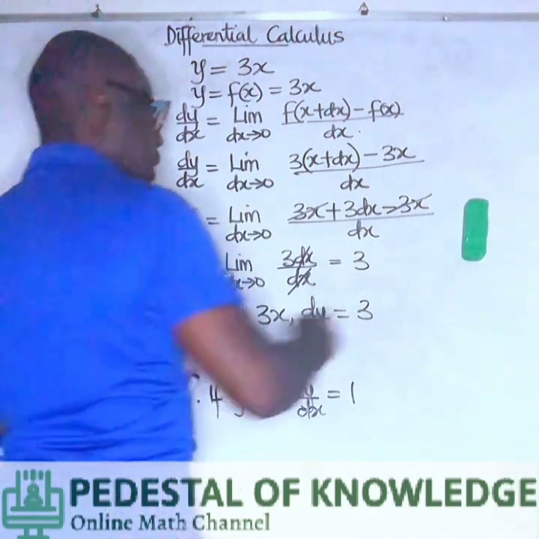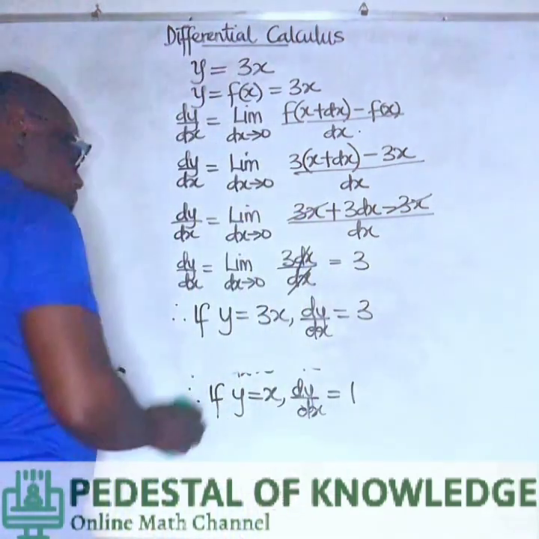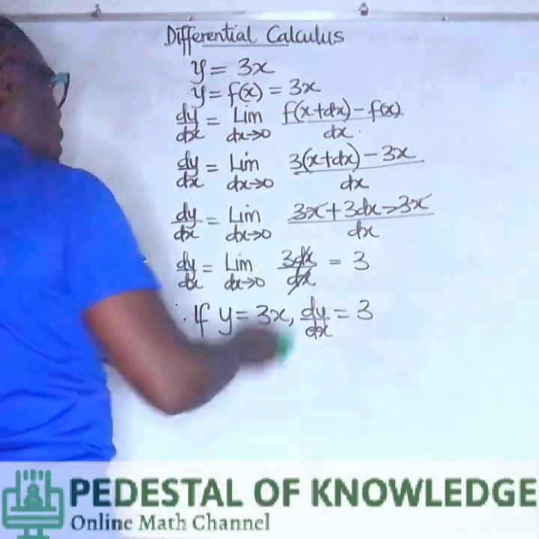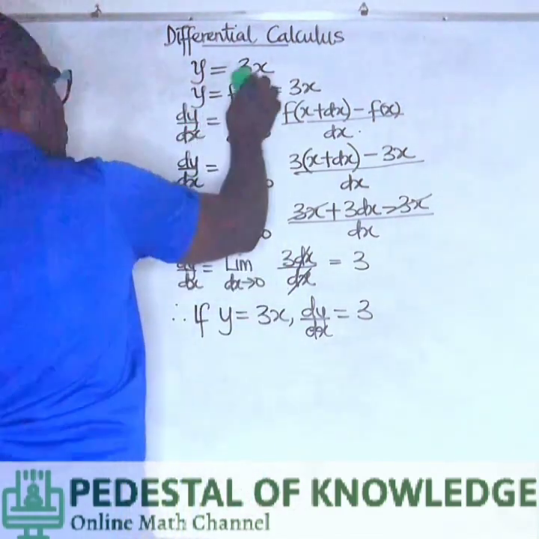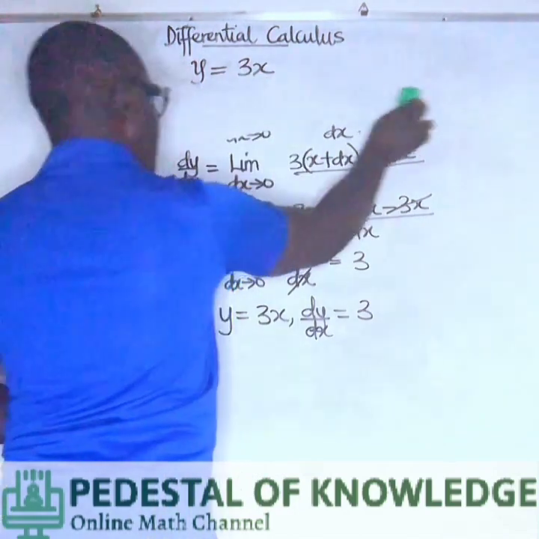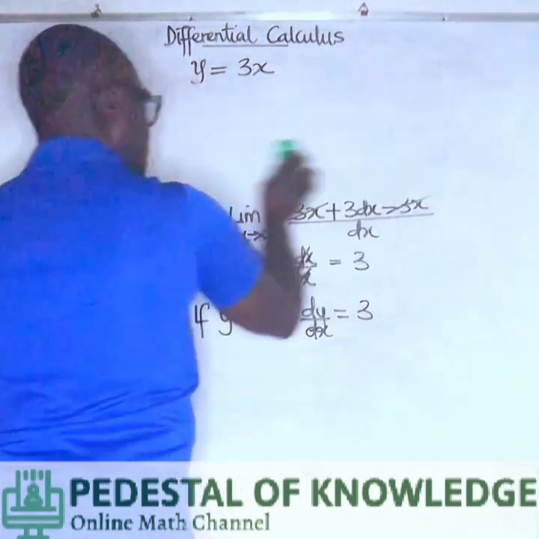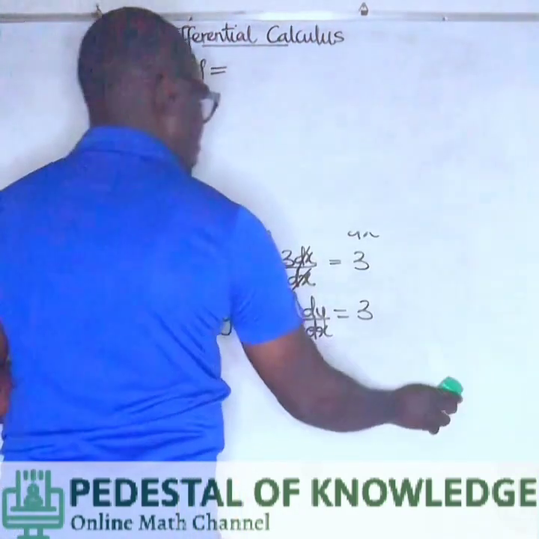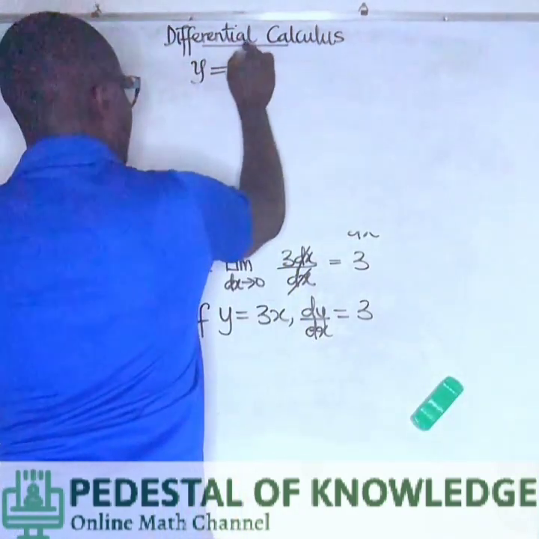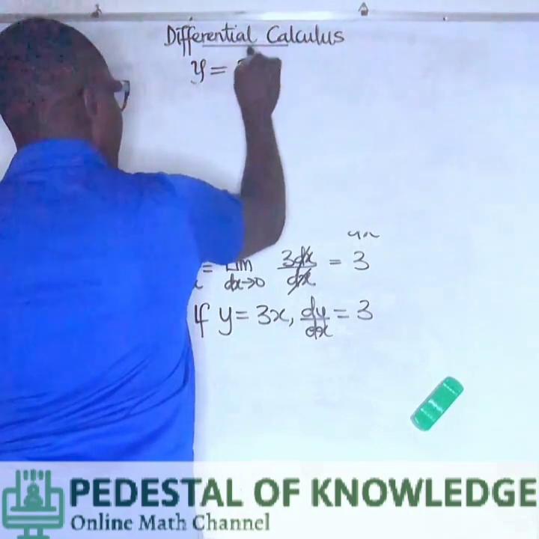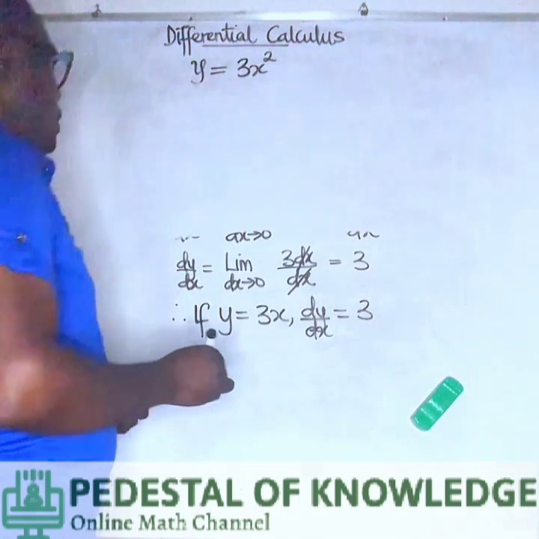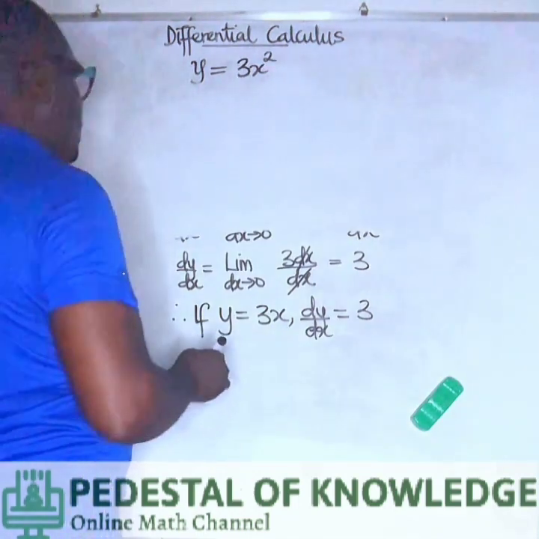Okay, now let's look at another simple example. We'll be asked to find the differential coefficient of y is equal to, say, 3x squared. Let's find the differential coefficient.